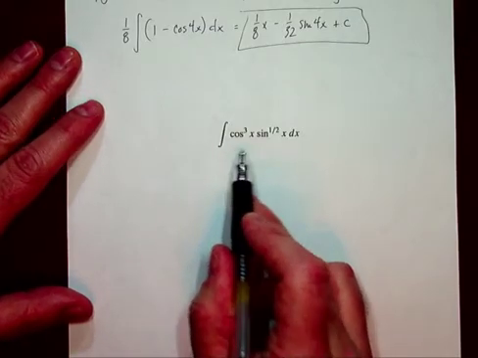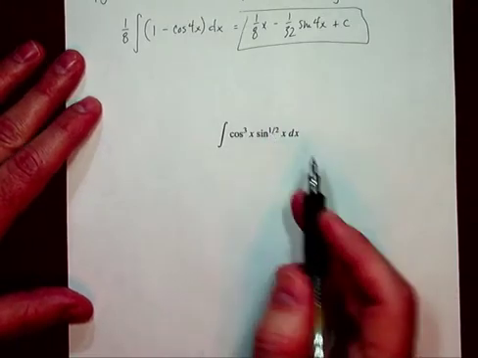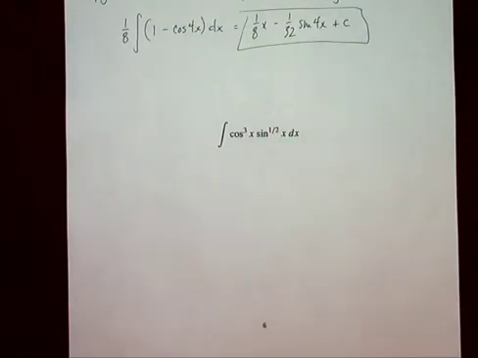This is the same logic. Now the 1/2 exponent might attempt to distract us, but it shouldn't, because I'm still interested in what I can change into the other trigonometric function and what will be left over when I do.